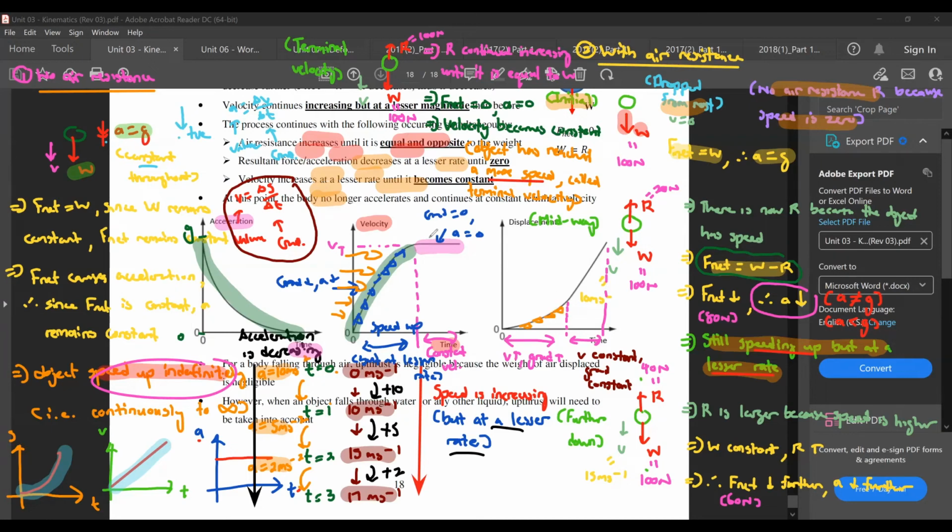Okay, but this part here, where you reach terminal velocity, is where your velocity value becomes constant. So your gradient must become constant too. You see, this one is constant gradient, it's a straight line. Okay? Right? So this is something that you can somehow appreciate.